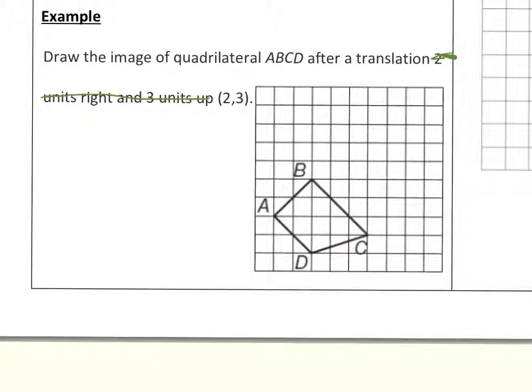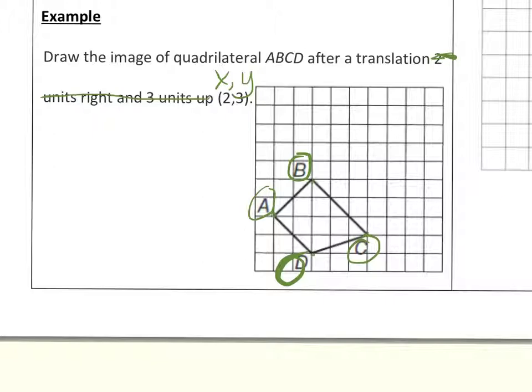And you know that the first number is X in an ordered pair, and the second number is Y. So that tells you to go 2 to the right because X goes left and right, and 2 would be positive, so it would be to the right, and then 3 up because Y goes up and down, and positive 3 would go up. So we're going to take each one of our vertices, A, B, C, and D, each one of these corners, and we're going to move them 2 to the right and 3 up.